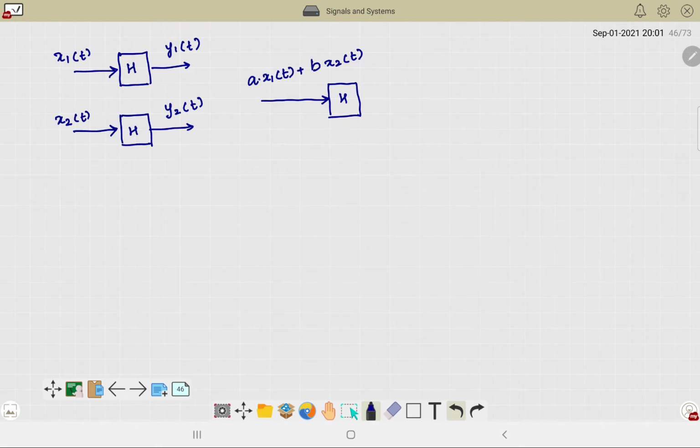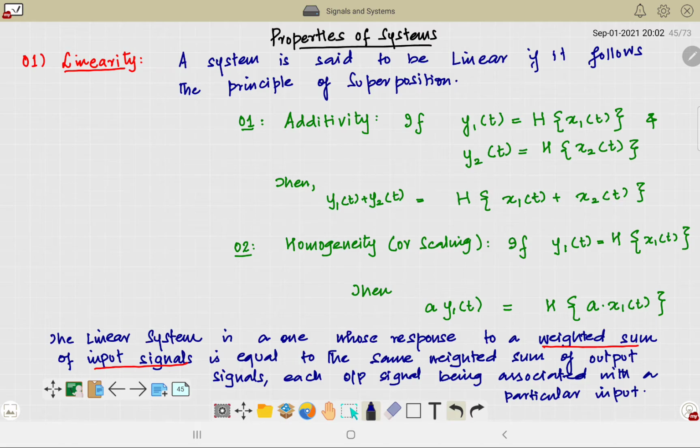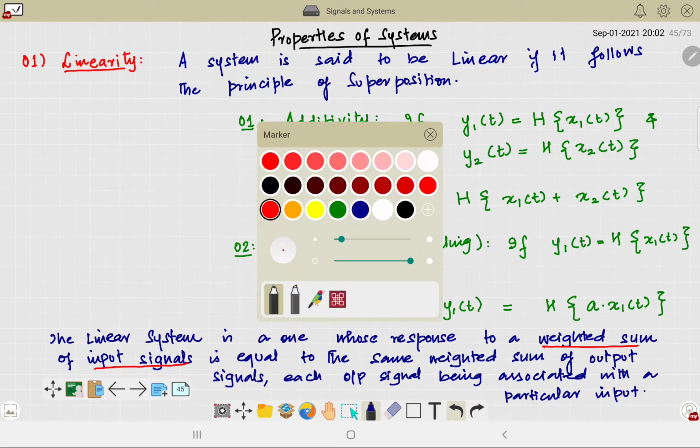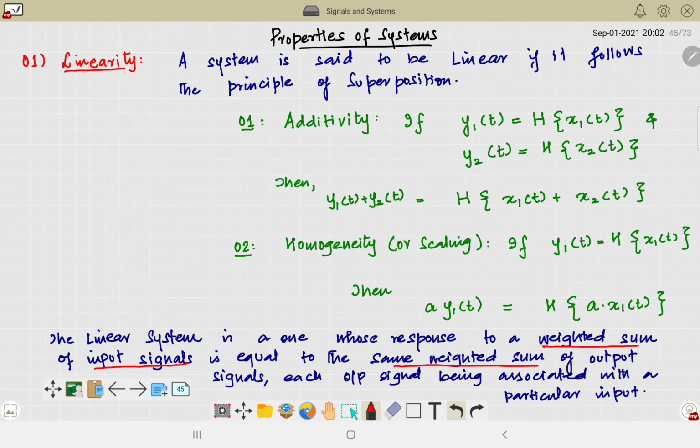Now I'm giving this kind of an input, and if it turns out that the output here, y(t), is equivalent to the same weighted sum of outputs, which is the second part of the definition, the same weighted sum of output signals, each output signal being associated with a particular input.